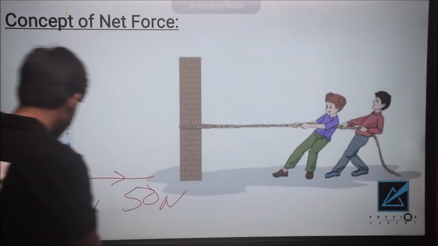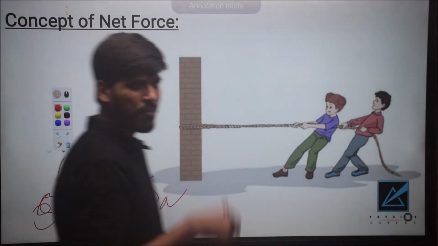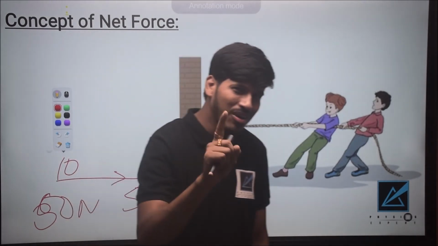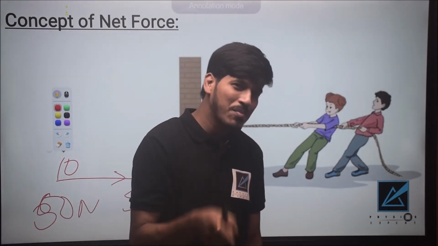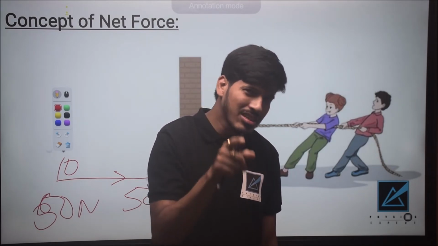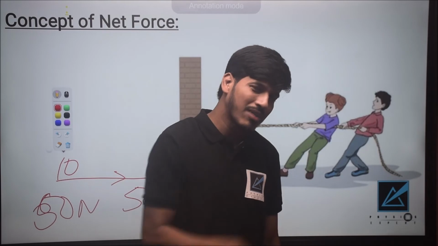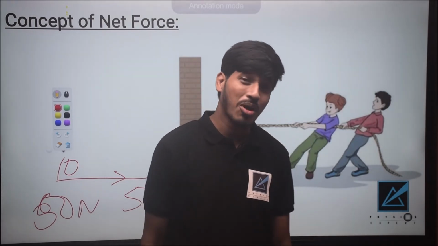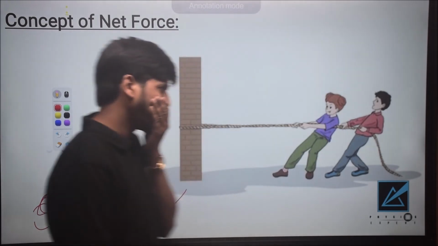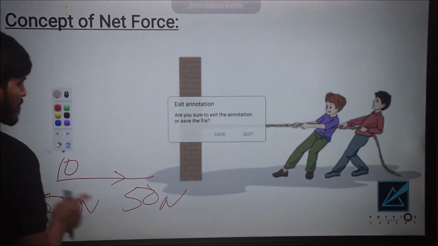If you exert 10 Newton force, he will not stop. To stop him, there should be net force 0. Your force should be equivalent to that force, then only the object will stop. So you have to understand the concept of net force.